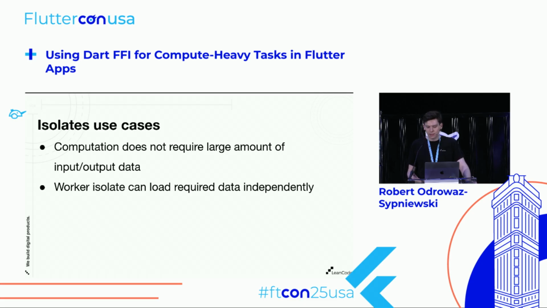However, they are significantly less useful for computation that requires a large amount of input or output data, and this data cannot be loaded directly into the worker isolate. Of course it's fine if we want to load some data from a file into the worker isolate and then output just the result, which will probably be smaller in many cases.